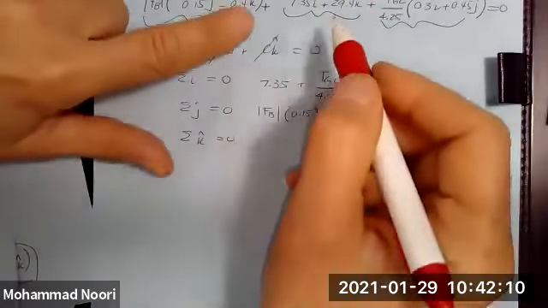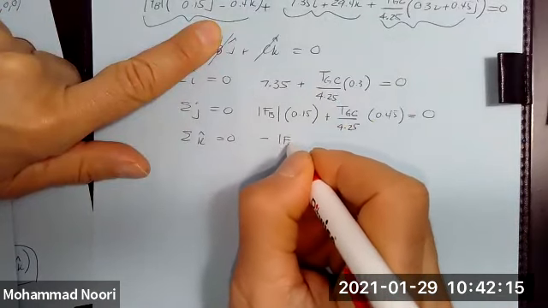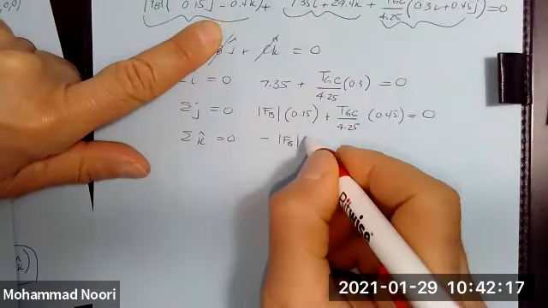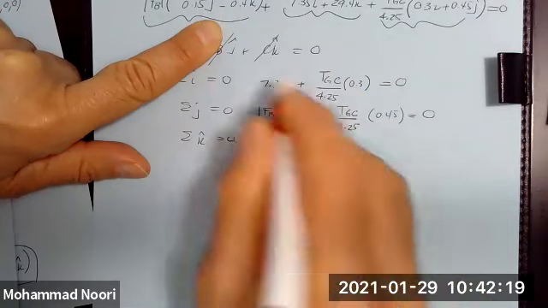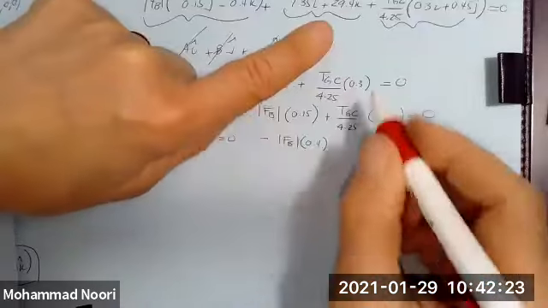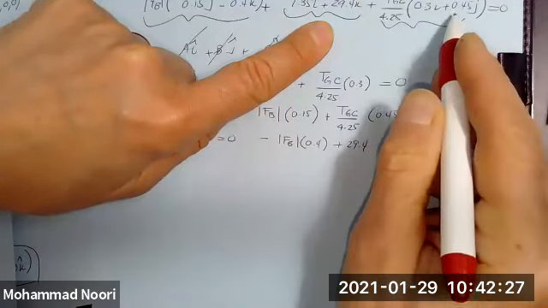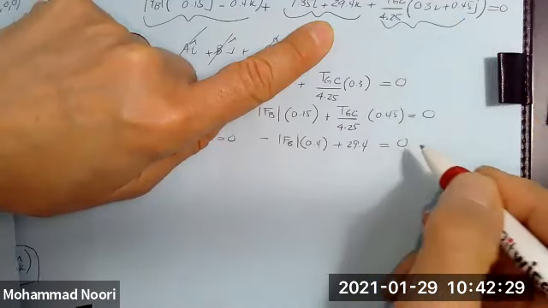Okay. And K, I have negative FB times 0.4, okay, plus 29.4, and there's no K here, is equal to 0.